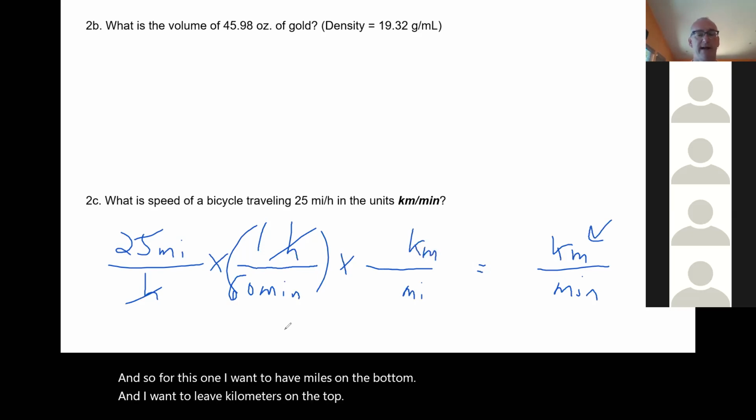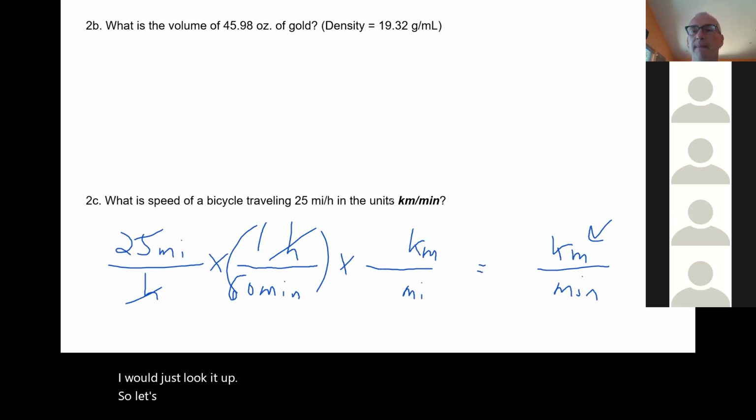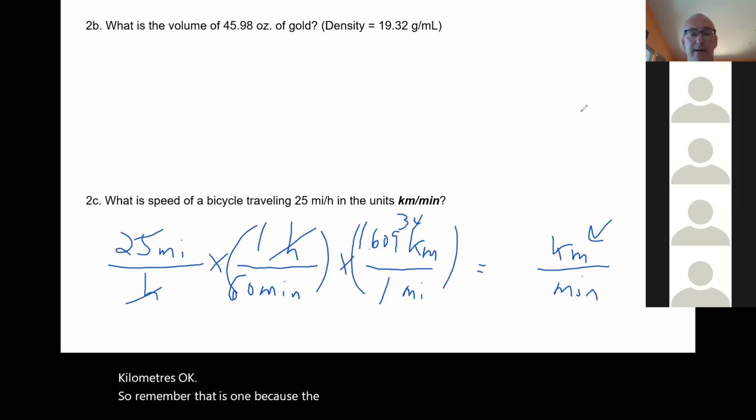So now I would just look it up. Oh, someone's going to look it up for me. Excellent. 1 mile is 1.60934 kilometers. Okay. Remember, that is 1 because the numerator equals the denominator.